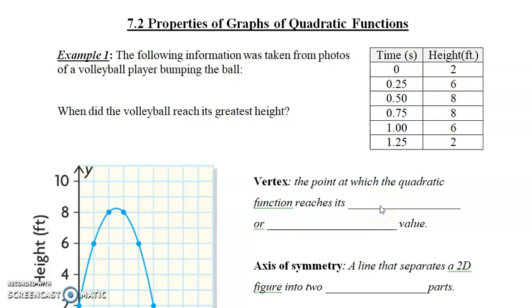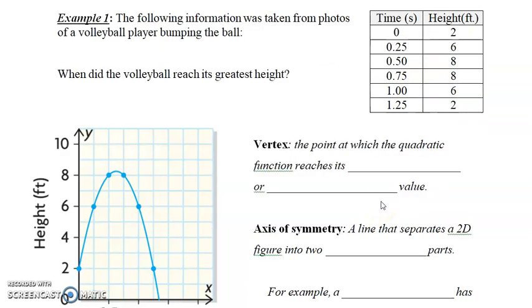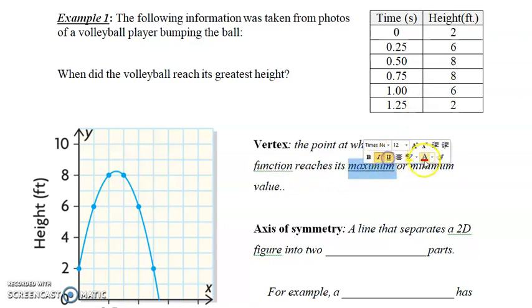So what we have is called the vertex. The vertex is the point at which the quadratic reaches its maximum or minimum value. Again, in this case, remember we talked about opening upward and downward.